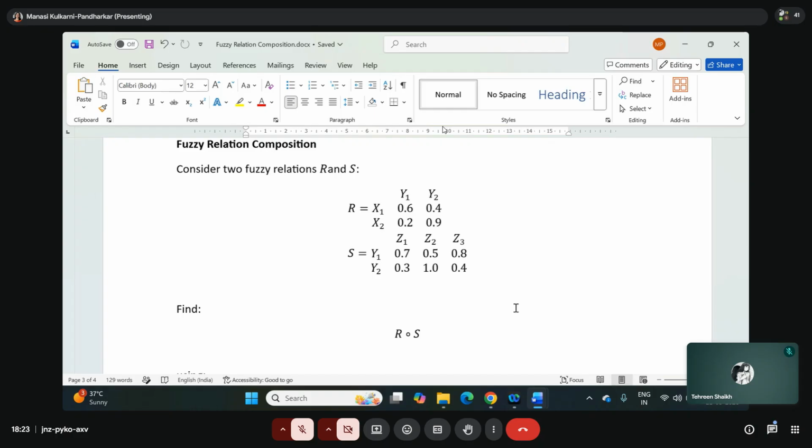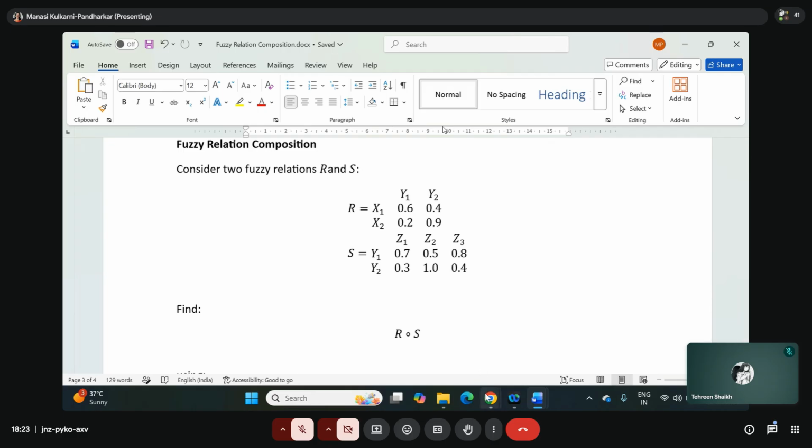Tell me. So do it. First find out the max min and then find out the max product composition. So write down the sets properly, write down every step properly, okay?